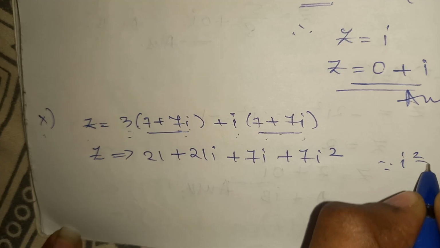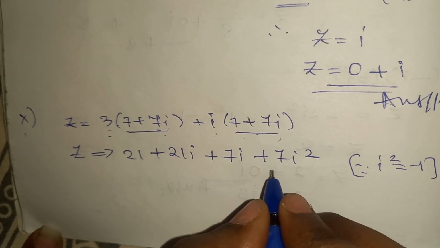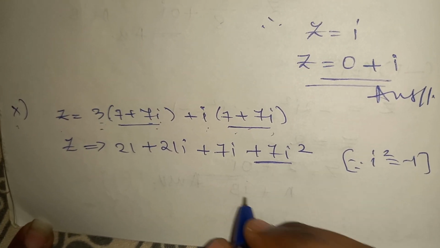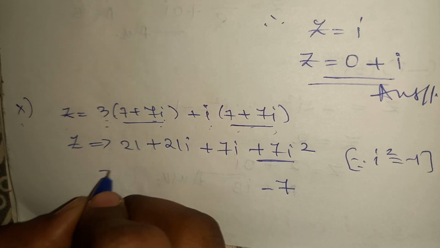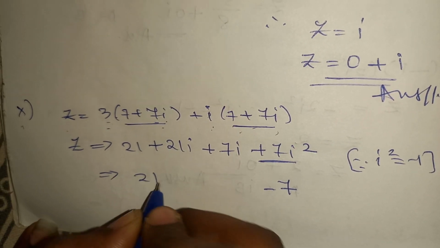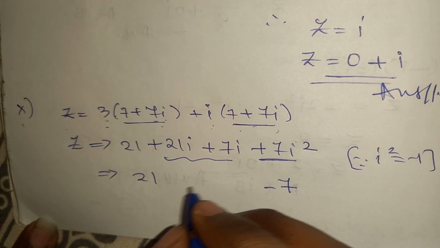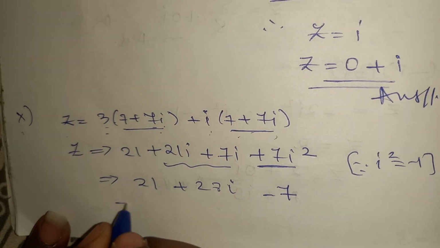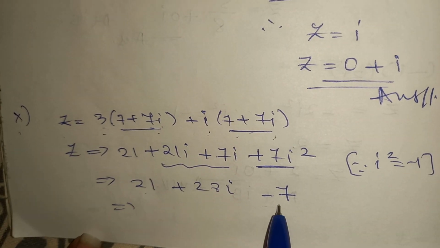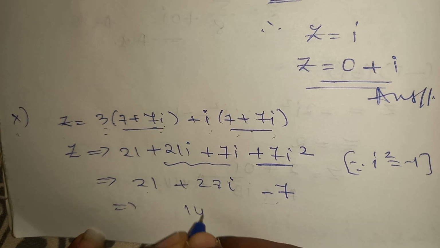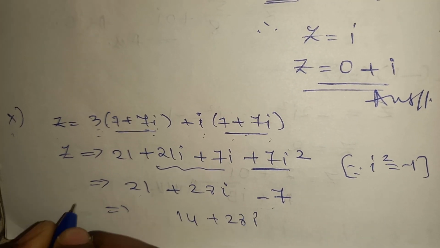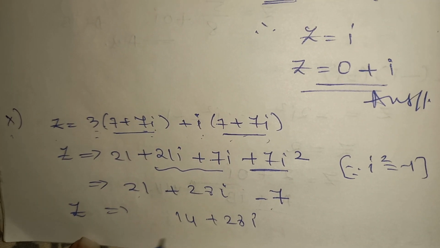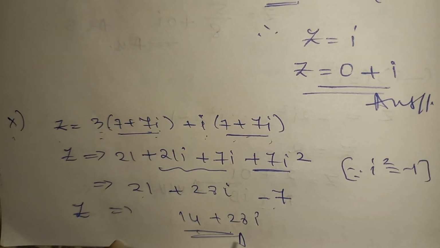Since i square is equals to minus 1, we will get the value of plus 7i square as minus 7 here. So it is nothing but 21. We can add these both terms, which is equals to plus 28i minus 7. Now 21 minus 7 is nothing but 14 plus 28i. Therefore, z is equals to 14 plus 28i is the answer.